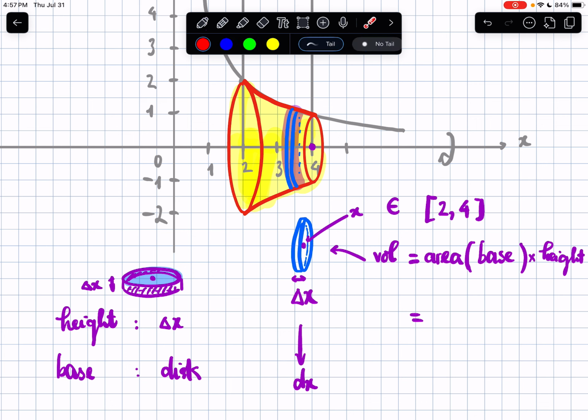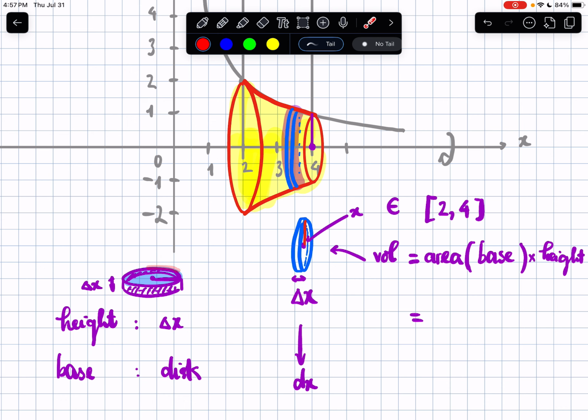The radius of the disc is this radius. So for example, in this case, at x equal to 4, the radius is the length from the center here to the circle.